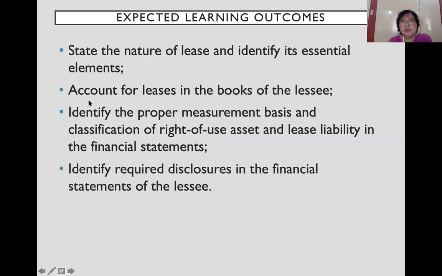You should be able to account for leases in the books of the lessee, identify the proper measurement basis and classification of the right-of-use asset and the lease liability in the financial statements. Of course, you should be able to present the right-of-use asset in the statement of financial position, also the lease liability, also in the statement of financial position.